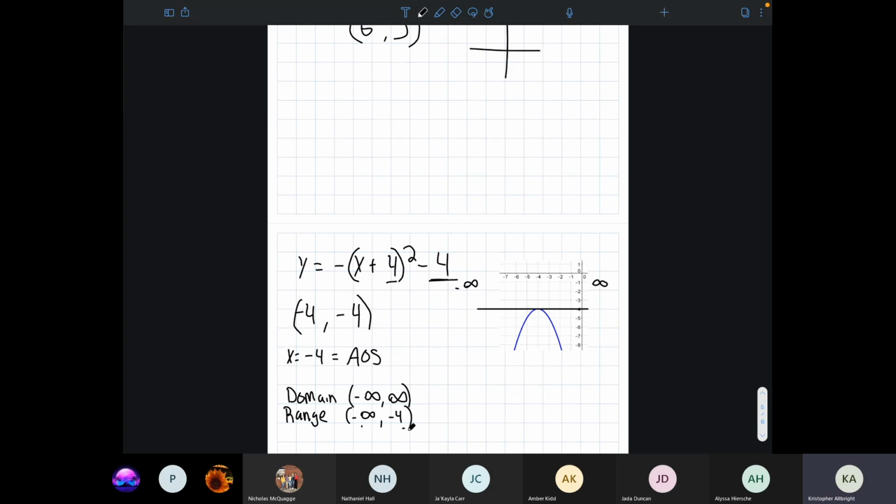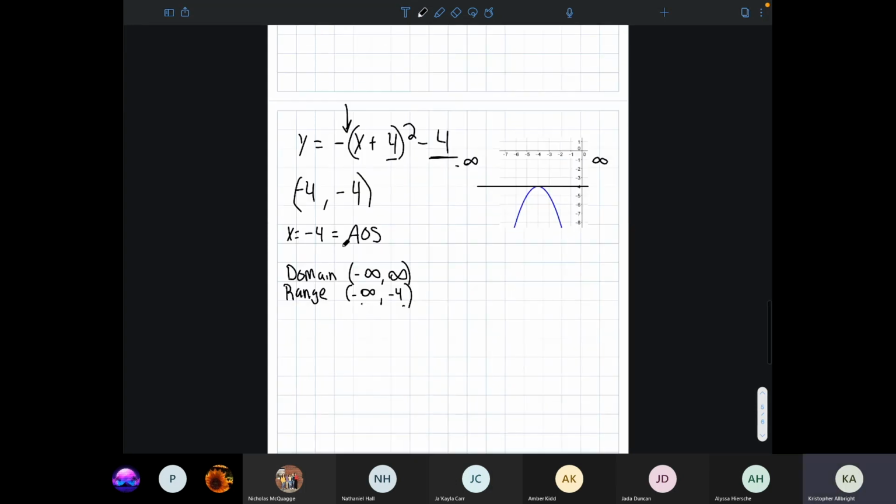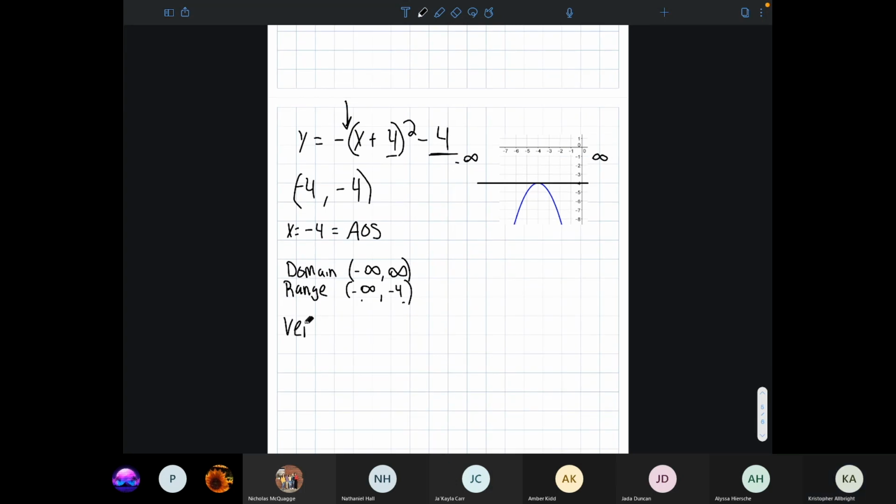Vertical stretch. We are looking for that number. For vertical stretch, and I'm just going to put slash compression because you're only going to have one. For vertical stretch compression, you're not going to have anything because it's just one.